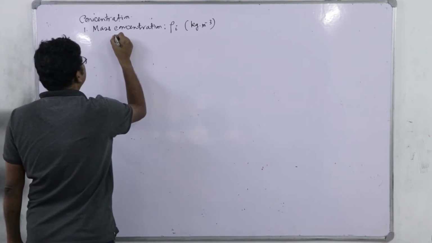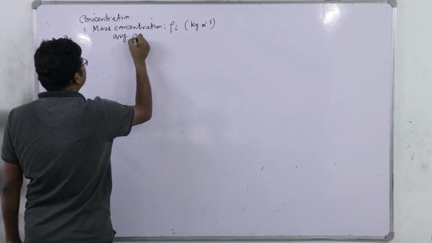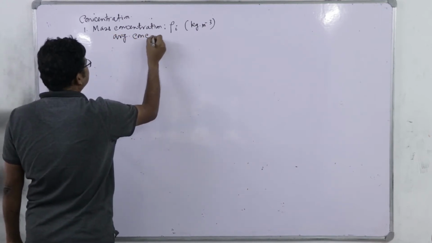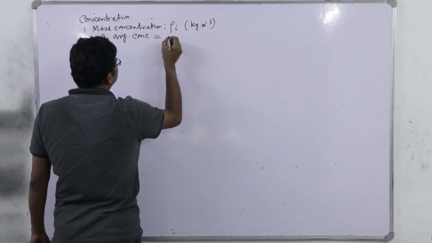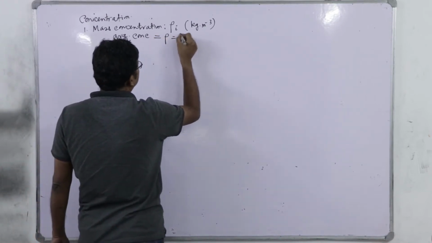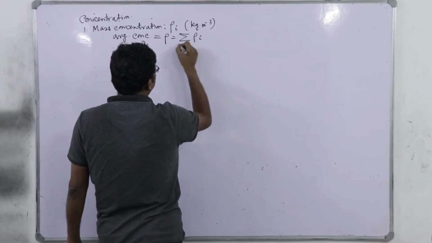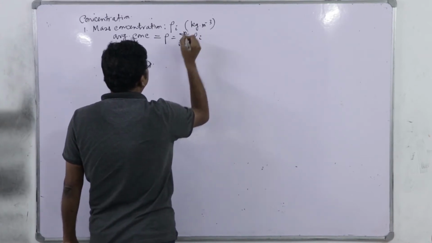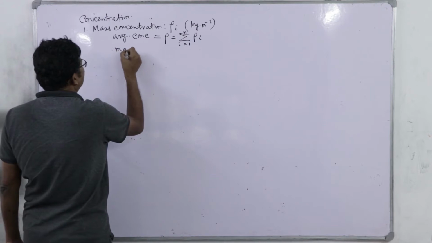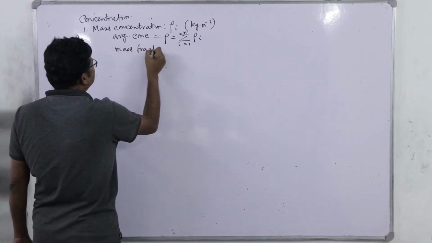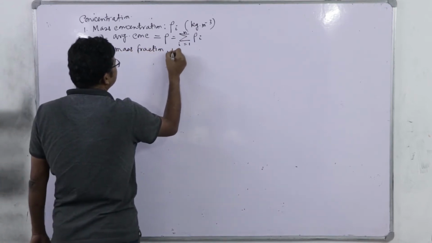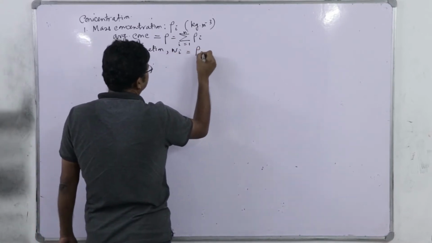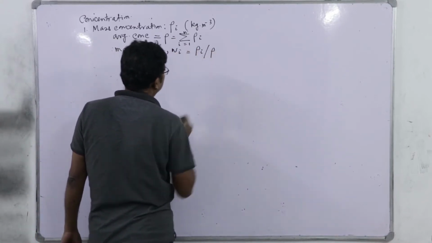Obviously the average concentration, if it is a multi-component system, is equal to rho, that is the summation of rho i, right, and mass fraction w i we represent as rho i divided by rho.